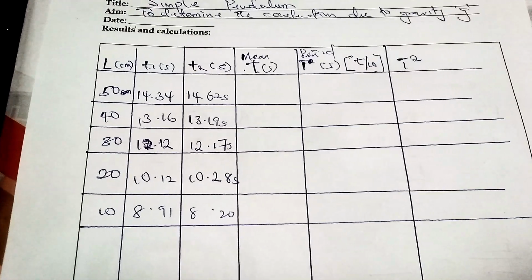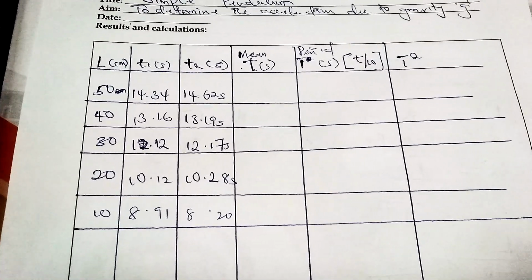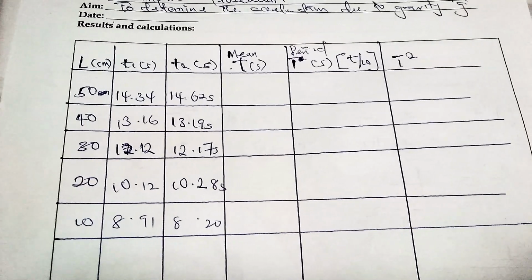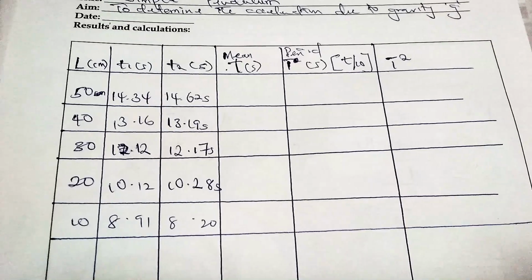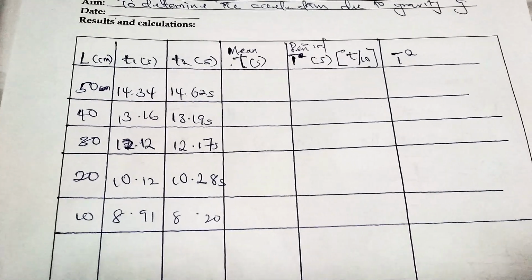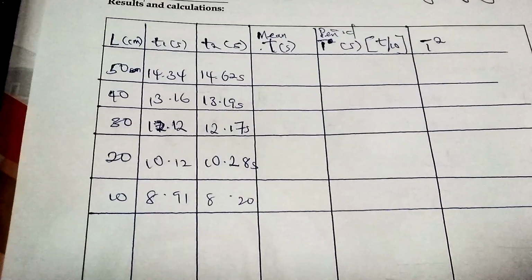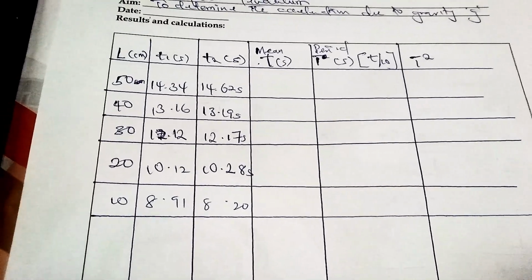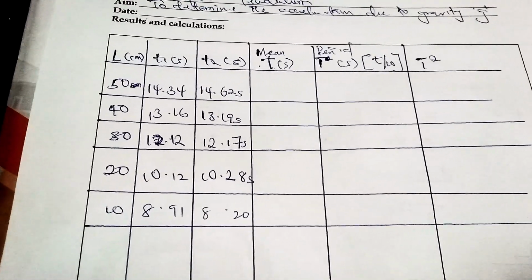Then the period T is going to be the mean time T all over 10, which is the period for one oscillation.